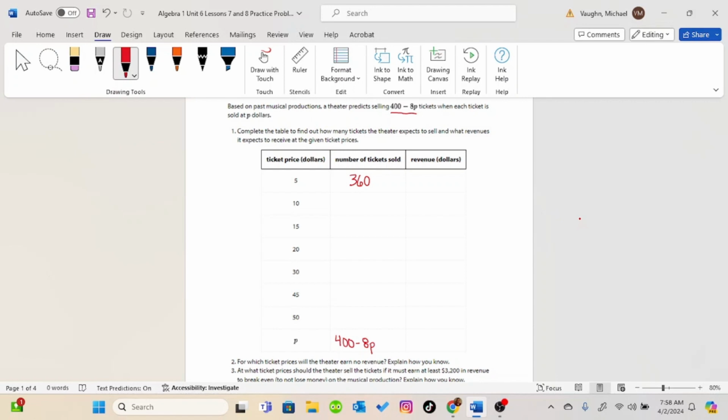If we substitute 10, 10 times 8 is 80, 400 minus 80 is 320. 15 times 8 is 120. 400 minus 120 equals 280. 20 times 8 is 160. 400 minus 160 is 240.